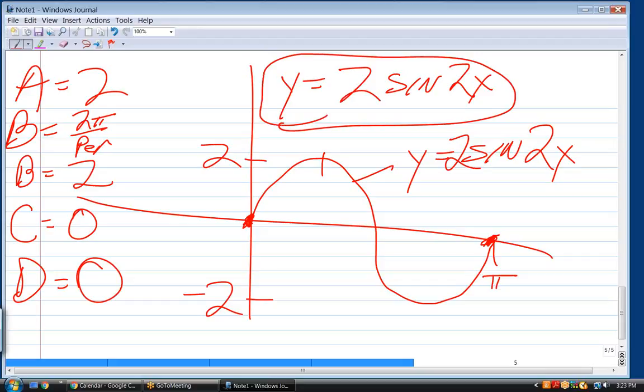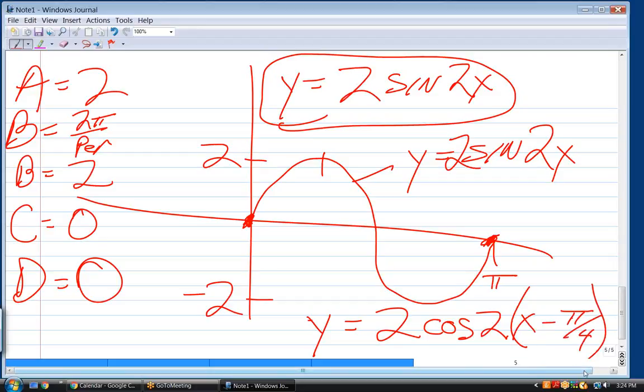Now, I could also call this a cosine curve. In other words, if I wrote this as 2 cosine of 2 times x minus pi over 4, notice the formula is not much different. A is the same, B is the same, but I've thrown in a phase shift of pi over 4. Well, there's pi over 4 on my drawing.